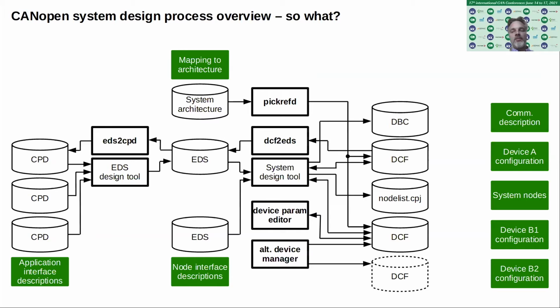Node interface descriptions may be managed in a component-based way. Everything can be mapped to the system architecture. Then we can automatically get communication description for analysis purposes. We can get device configurations for assembly and service. Quite useful things.